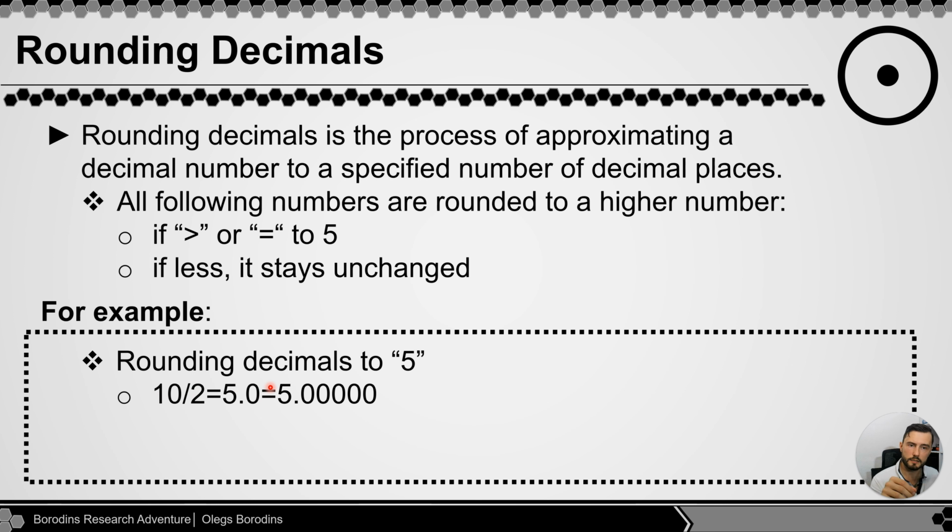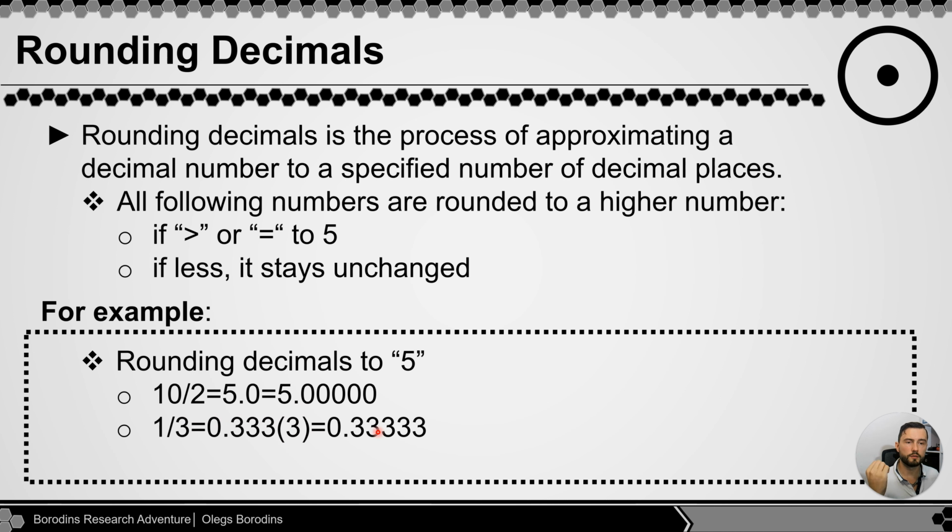Here we need to extend the decimals to get 5 decimals. 5.00000, which is 5 decimals now, and in the imaginary 6th decimal we also have 0, which is less than 5. Therefore, it stays unchanged for the 5th decimal. In this example, 1 divided by 3 will be 0.3 to infinity, which is shown here with brackets.